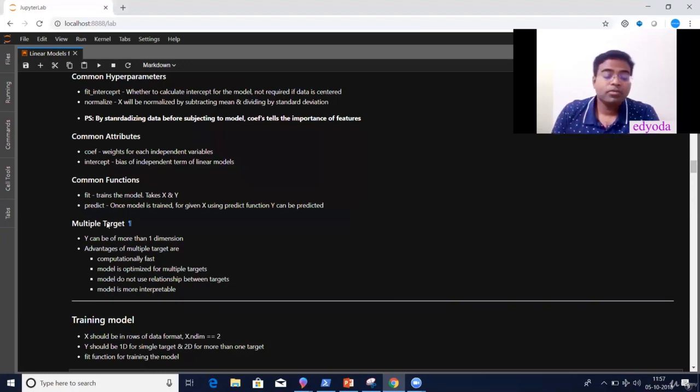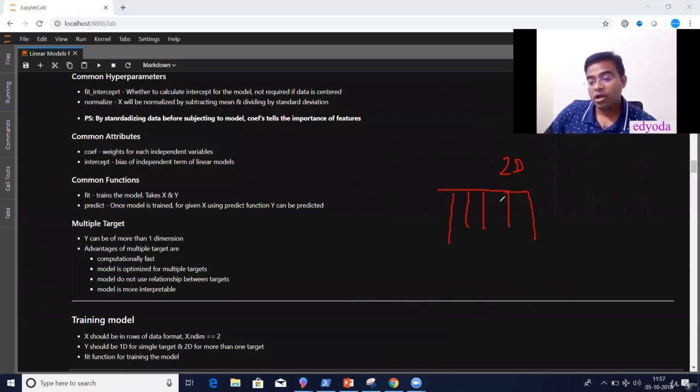Also, linear regression, like many other algorithms, is capable of handling multiple targets. What that means is, as of now, we have seen a target of only one dimension, but the target can be of two dimensions, right? It can have multiple columns. Say you have this feature data and this target data. You can see three targets and five features.